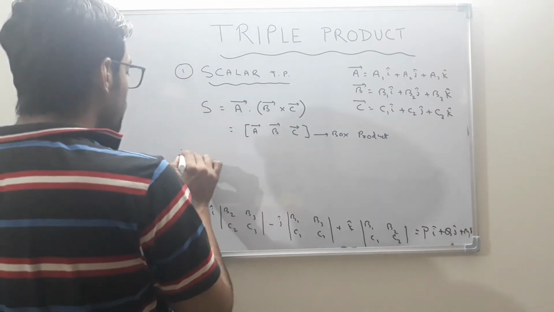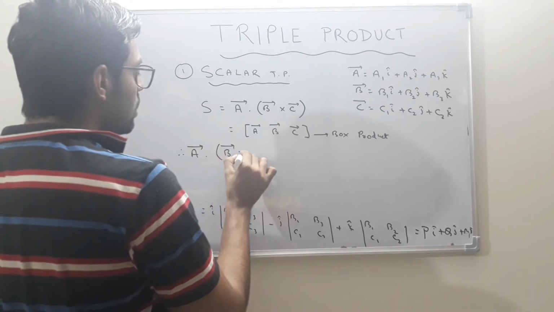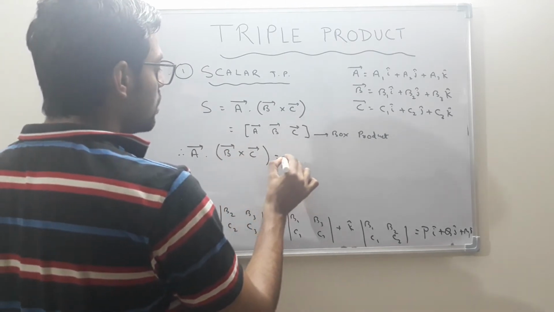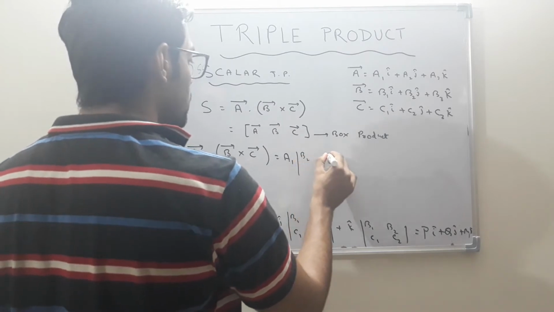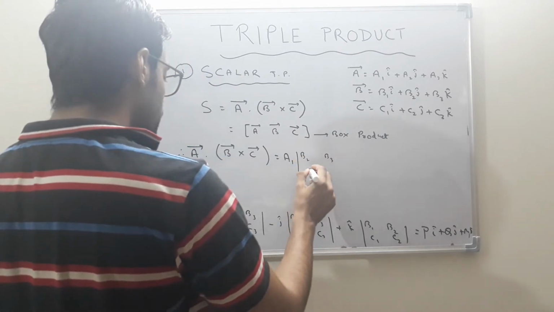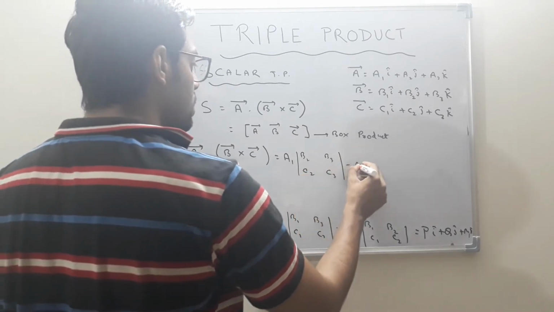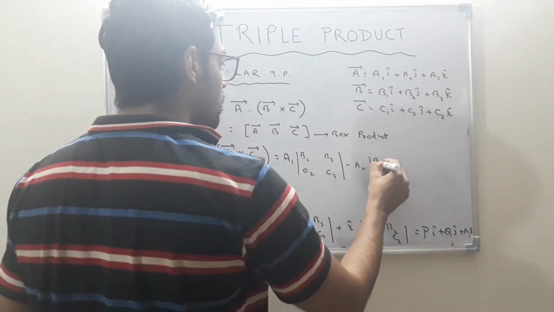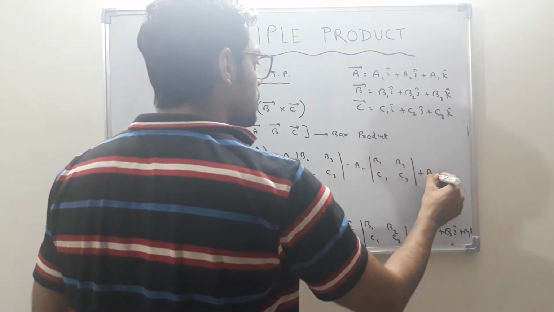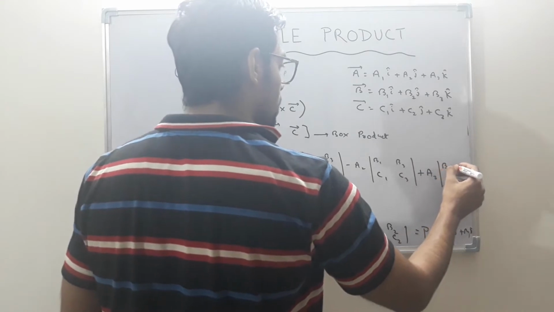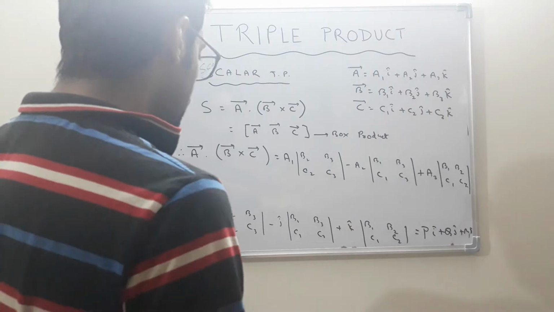Therefore A dot B cross C finally becomes, by using the property of the dot multiplication, a1 times the determinant of b2, b3, c2, c3, minus a2 times the determinant of b1, b3, c1, c3, plus a3 times the determinant of b1, b2, c1, c2. Then we finally obtain this value.